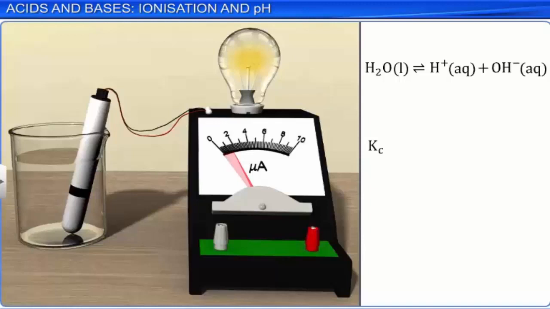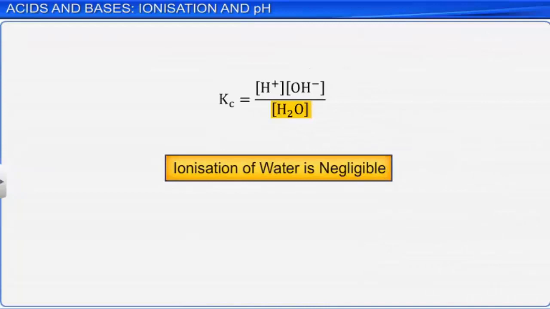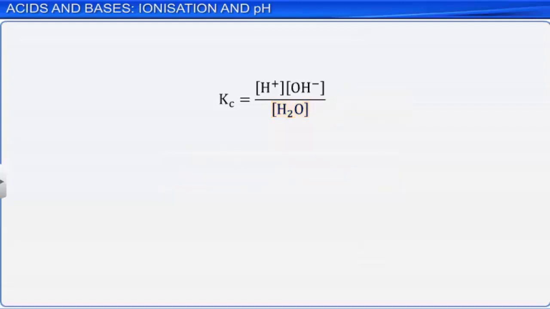The equilibrium constant Kc for this equilibrium can be written as Kc is equal to the product of concentration of H plus ions and concentration of OH minus ions divided by concentration of H2O. Since the ionization of water is negligible, the concentration of water can be taken as constant.